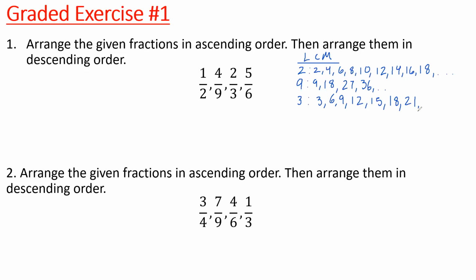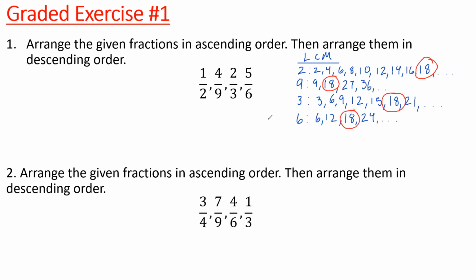And then multiples of 6: 6, 12, 18, 24, and so on. So based on this, what is the lowest common multiple? 18. Very good. Did anyone else get 18 for the lowest common multiple of these four numbers? Yes, sir. 18 is the correct one.